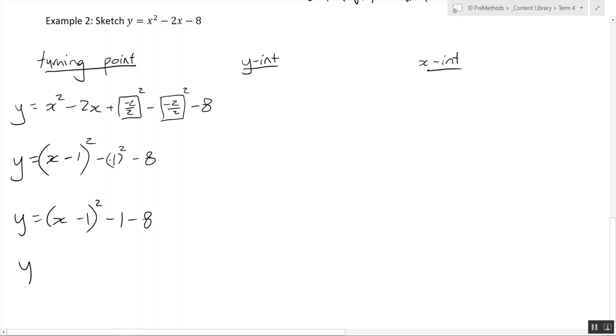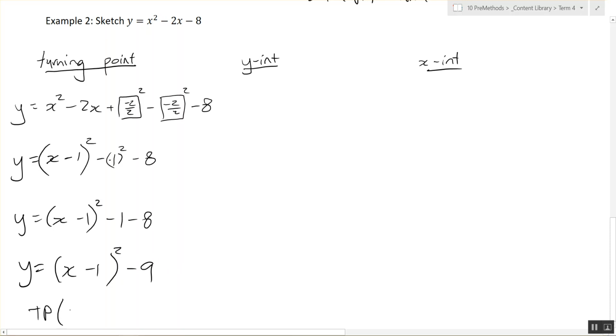Okay, so now, does this sort of form look familiar? Yeah? Do you remember the turning point form? Yeah? So completing the square gives you the turning point.